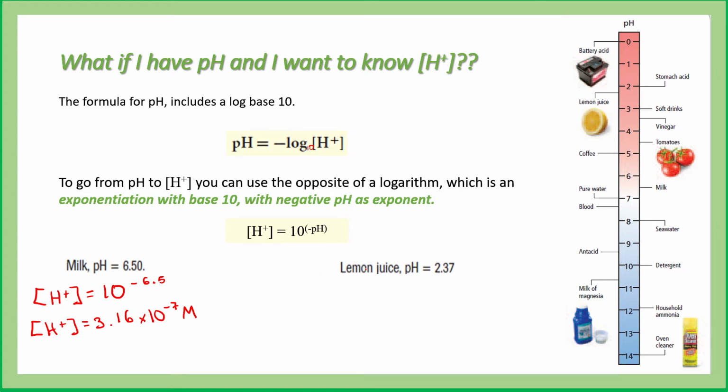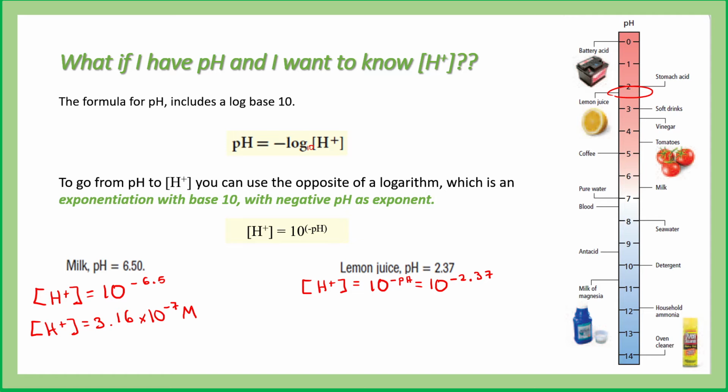And let's do the same with the lemon juice. Lemon juice is an acid. Its pH is 2.37. Let's calculate the hydrogen ion concentration. It is equal to 10 raised to the power of minus pH. So it's 10 to the negative 2.37. Let's do that in our calculators.